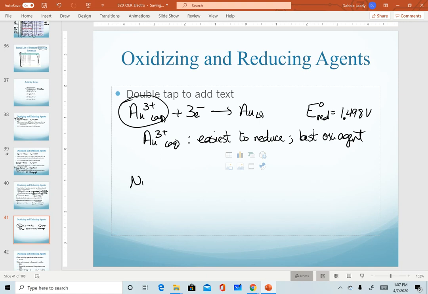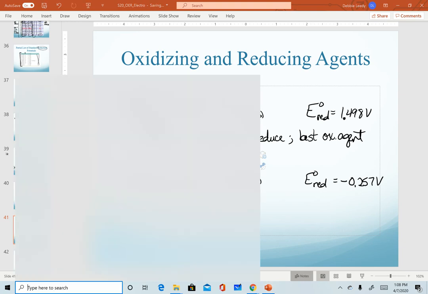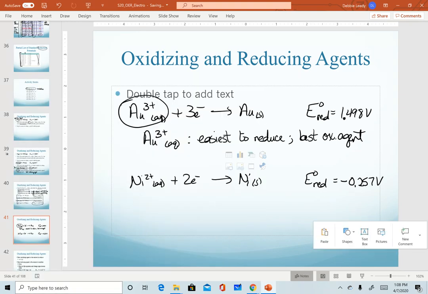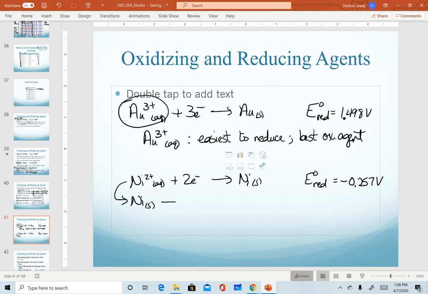At the bottom of my list, I had nickel 2+ being reduced down to nickel solid with a reduction potential of negative 0.257 volts. Now, since this has the most negative value of that list, I'm actually going to convert this into the oxidation half reaction.